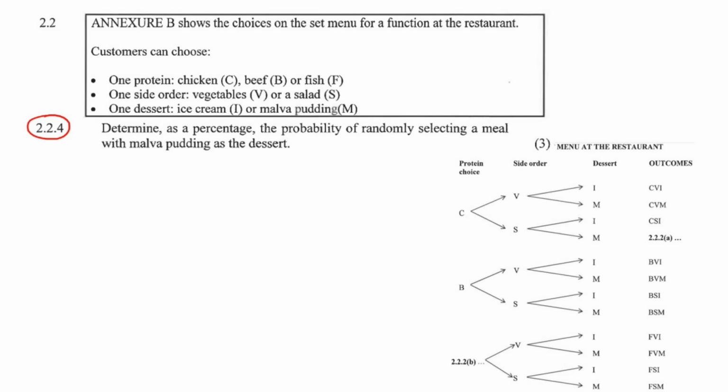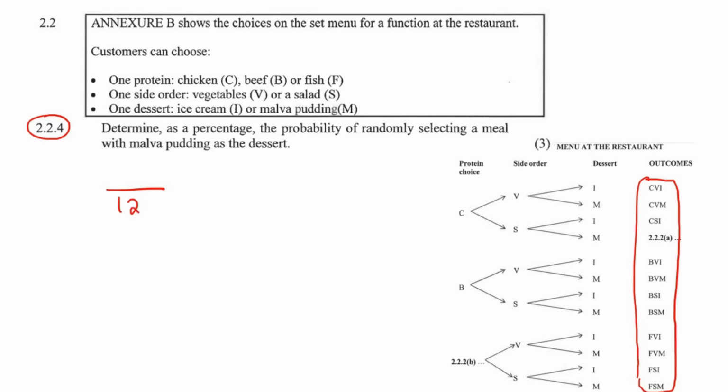Then this question says, determine as a percentage the probability of choosing a meal that has malva pudding as the dessert. So what we can do is look at all of these over here. This is one way to do it. There's actually easier ways of doing it, but I'm going to show you all the different options. So out of all of those options, there's 1, 2, 3, 4, 5, 6, 7, 8, 9, 10, 11, 12.